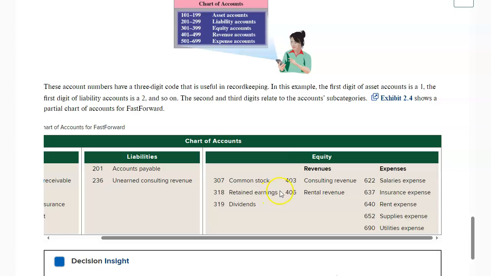You won't see it in this book, but it'll have a credit balance all the time in this book. It's unusual to see a going concern with a debit balance in retained earnings, in my opinion. So common stock, retained earnings, and revenue, credit balance; dividends and expenses, a debit balance on the left side.